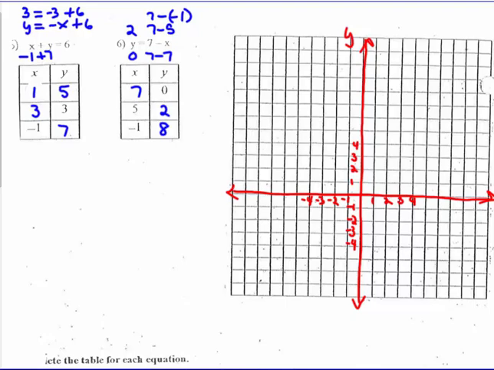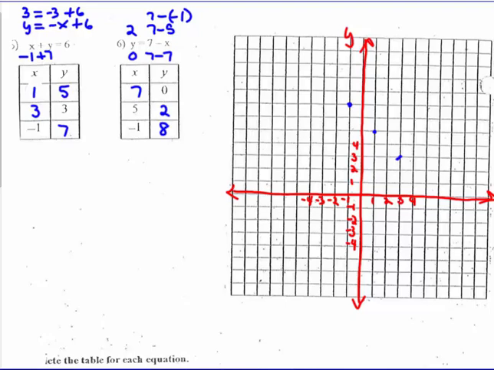So now I'm going to plot these points: 1, 5; 3, 3; -1, 7. And yes, I already did draw my coordinate axes on my graph paper, and I labeled 4 in all directions. Being very careful that you label x and y. It's hard to draw with a ruler.